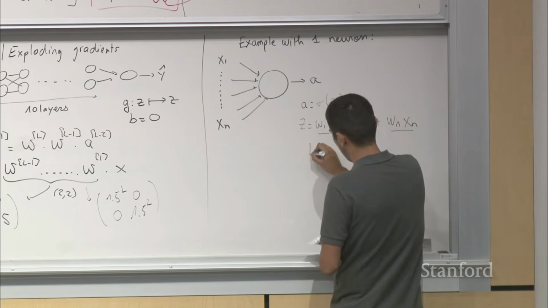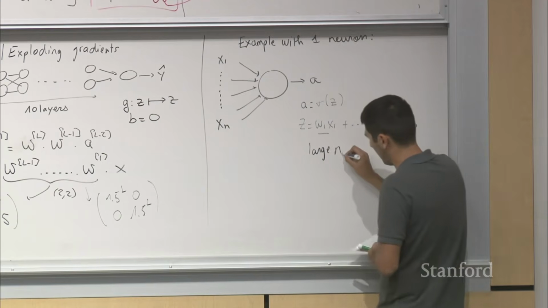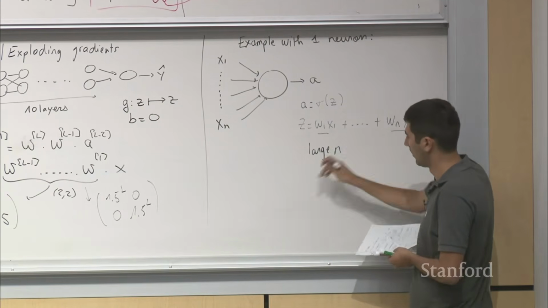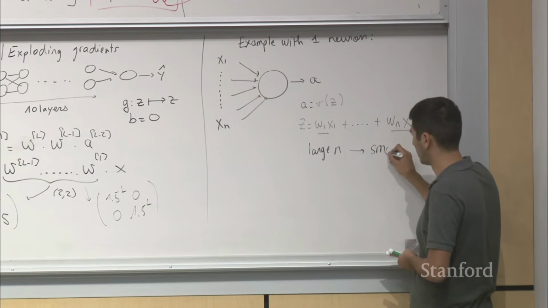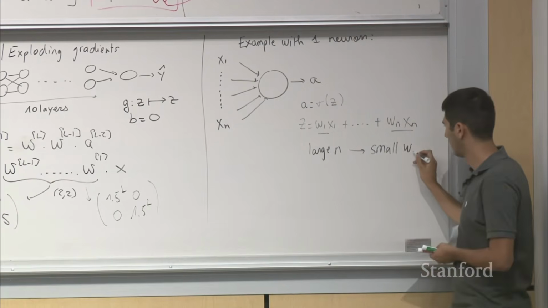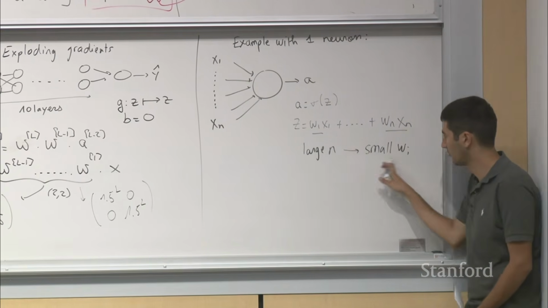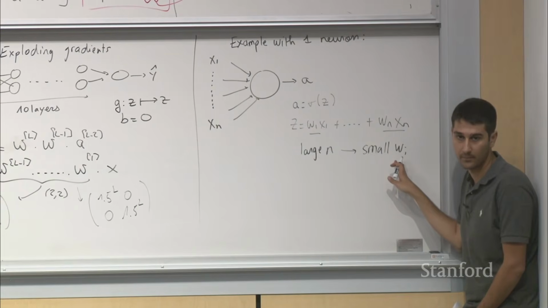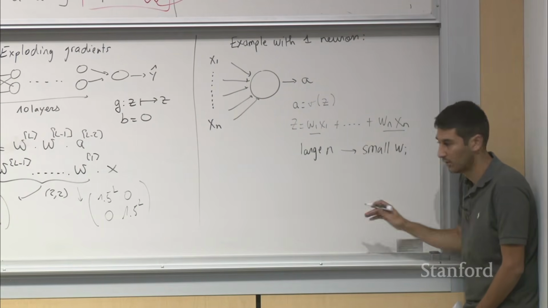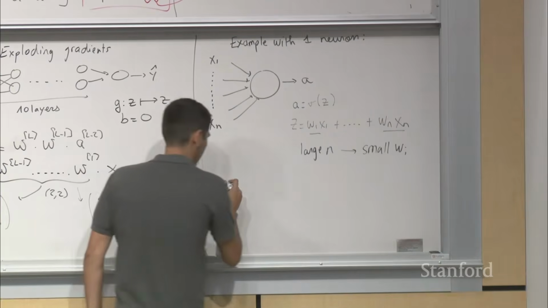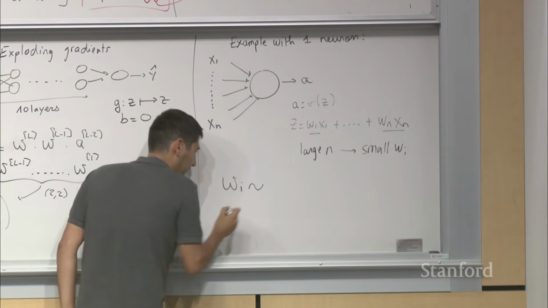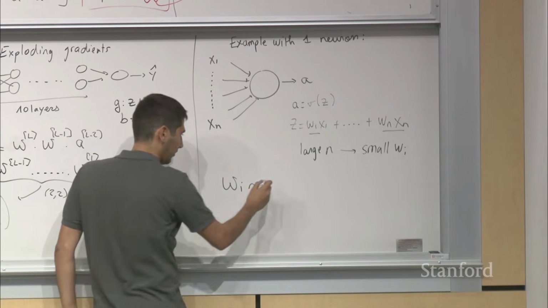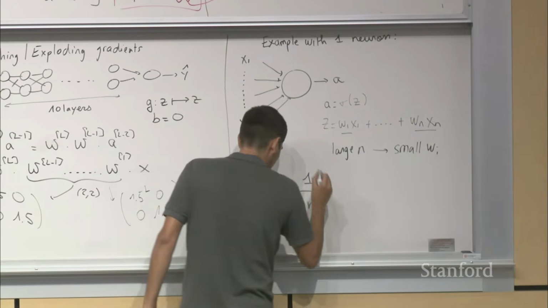So if we have a large n, it means the input is very large. What we want is very small Wi's. So the larger n, the smaller Wi has to be. Based on this intuition, it would be a good idea to initialize Wi's with something that is close to 1 over n.